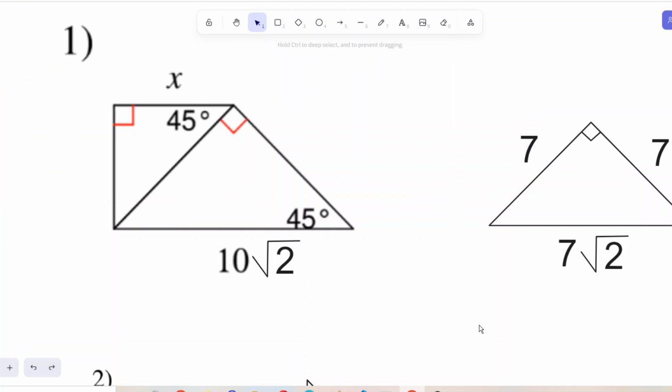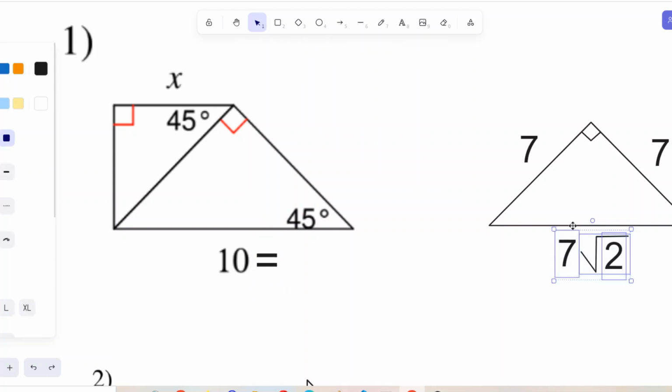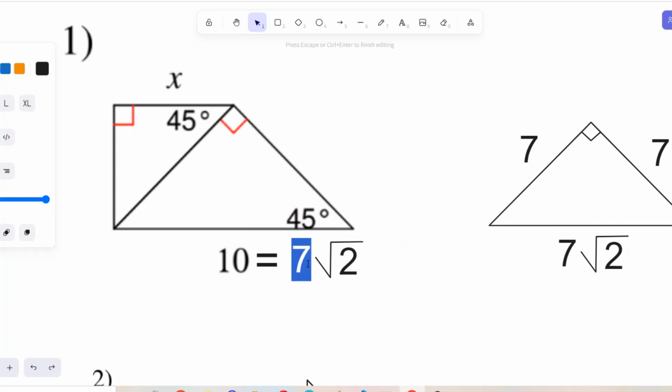So we need to write 10 as something times root 2. We want to write 10 equals something times root 2. Once we know that thing, we'll know the two sides, right? So 10 equals something times root 2. What times root 2? We need to factor out a root 2 from 10.